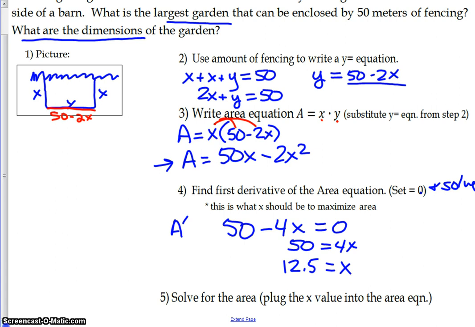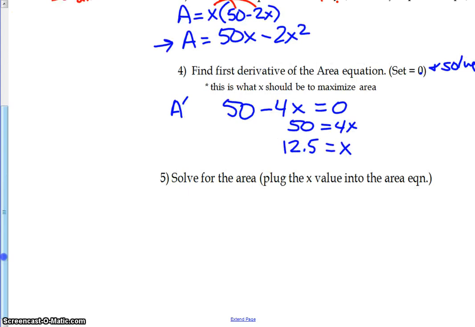All right. We know then that this value has to be 12.5. And we can even calculate our y value, and there's a couple different ways we can do that. Really here we have to solve for the area. I'll show you one way and then another way I could have gone about this.